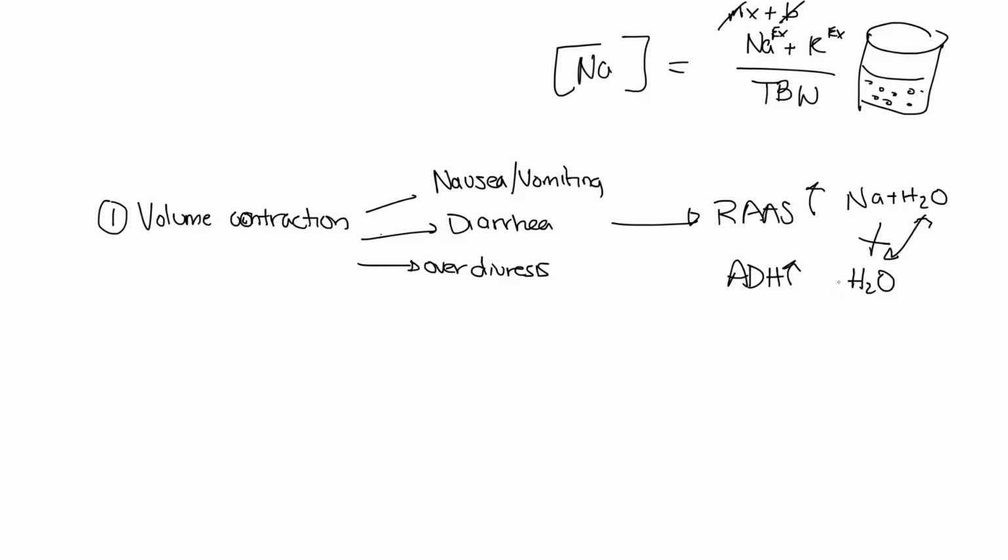So what does that mean for the equation? Well, in a volume contracted state, our serum sodium is going to change because our exchangeable sodium and potassium over total body water is changing something like this.